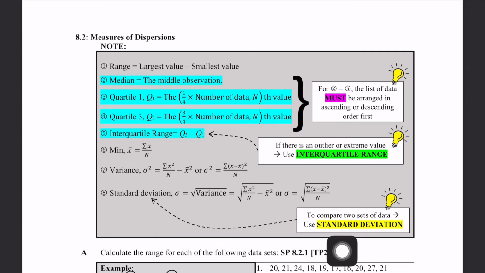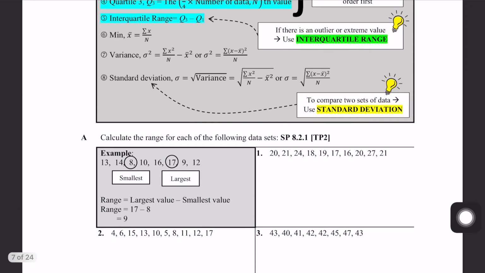Sebab nilai standard deviation is tally selari dengan unit yang kita guna. Contoh, kalau data kita berkenaan dengan berat kg, so your standard deviation confirm akan dalam kg juga. Kalau variance dia akan jadi kg square. So susah kita nak bandingkan. That's why we're going to use standard deviation.